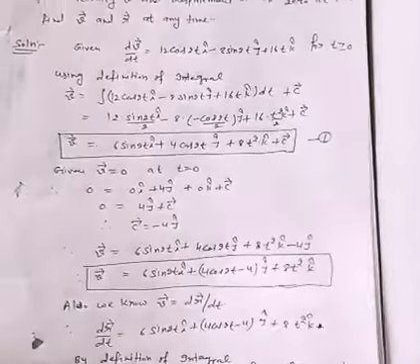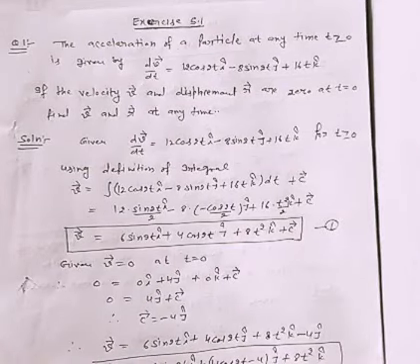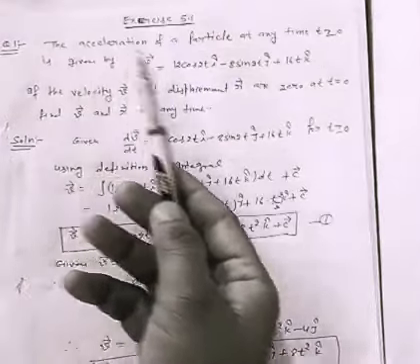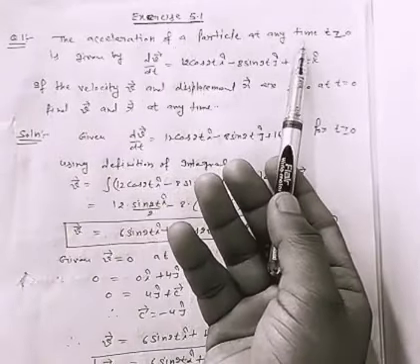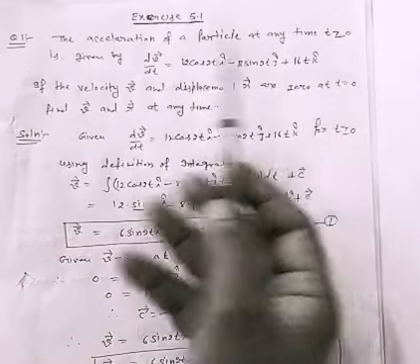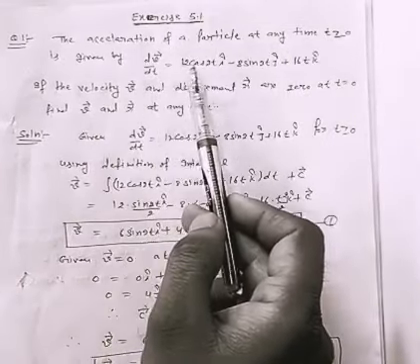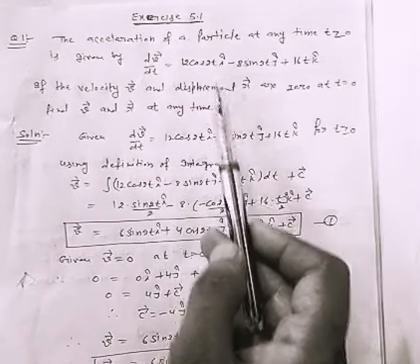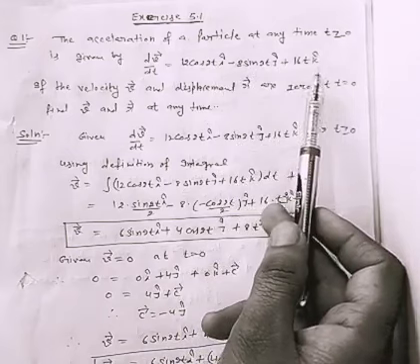Now we discuss some questions of exercise 5.1. First question: the acceleration of a particle at any time t greater than or equal to 0 is given by dv by dt is equal to 12 cos 2t i cap minus 8 sin 2t j cap plus 16t k cap.